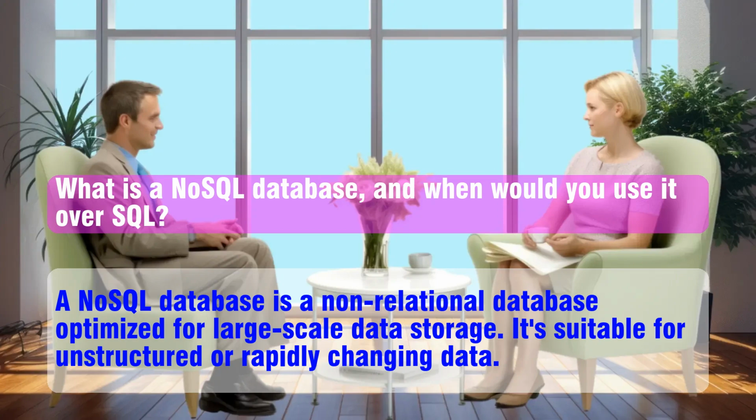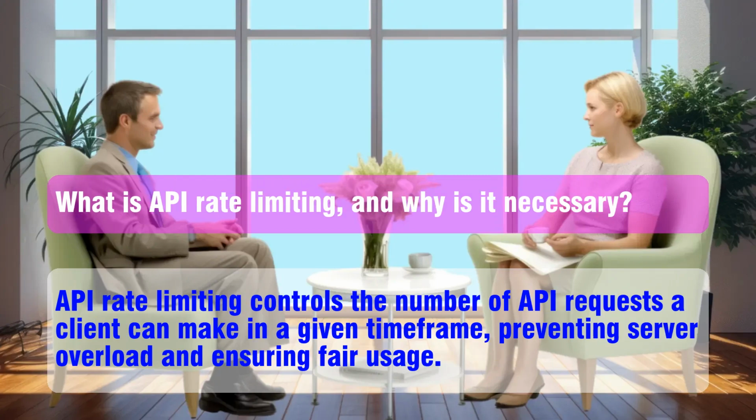A NoSQL database is a non-relational database optimized for large-scale data storage. It's suitable for unstructured or rapidly changing data. What is API rate limiting, and why is it necessary? API rate limiting controls the number of API requests a client can make in a given timeframe, preventing server overload and ensuring fair usage.